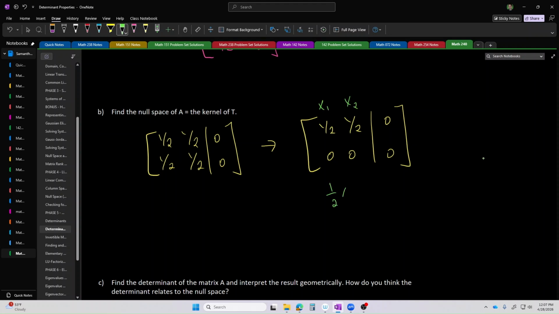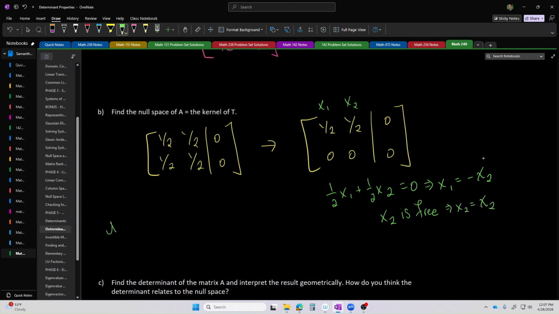I can read this equation as 1/2 x1 plus 1/2 x2 equals 0. x2 is free. And solving the first equation, I can say that x1 is equal to minus x2. x2 is just equal to itself.